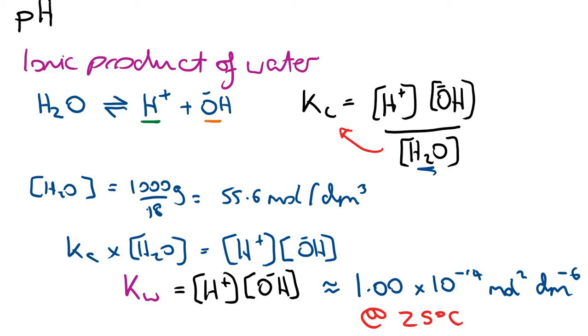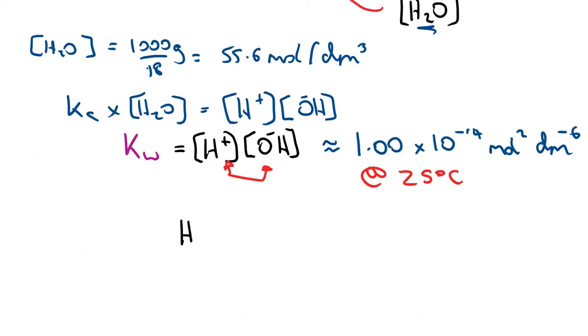As we know that the concentration of hydrogen ions is going to be equal to the concentration of hydroxide ions for a neutral solution, what we can say is for a neutral solution, H plus squared equals 1.00 times 10 to the minus 14.